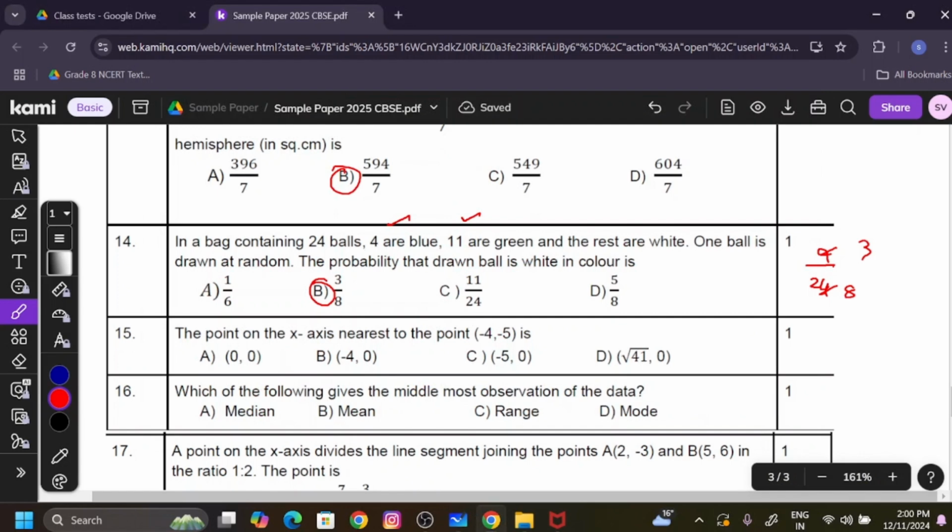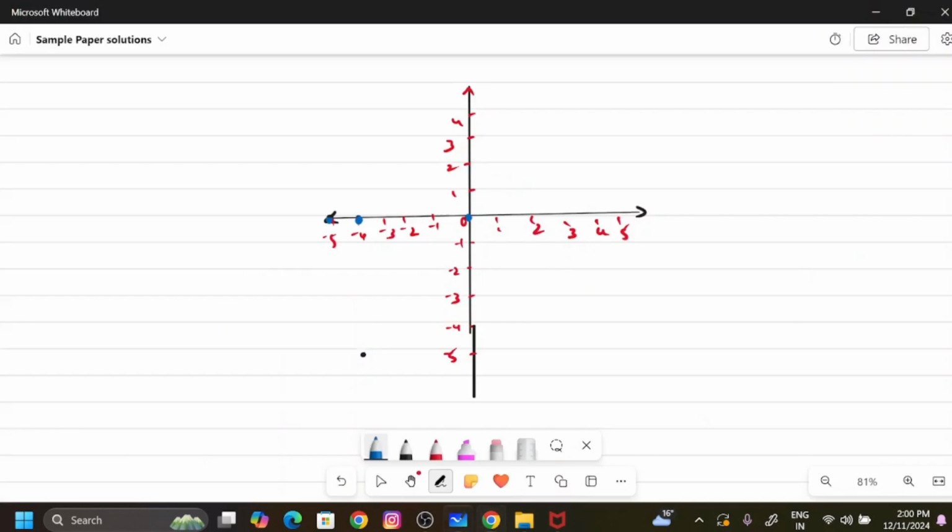Then root 41, 0. So root 41 is around 6.6 something. So this is 6 point something. So let us say this is somewhere over here. Now the shortest distance, near means the shortest distance. So we know shortest distance is always the perpendicular distance, right? So for this point the perpendicular distance is this point, right? So this point is -4, 0.